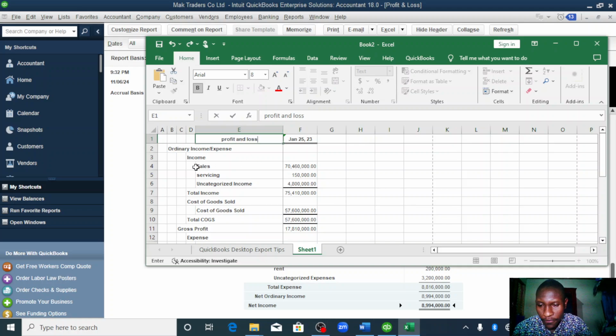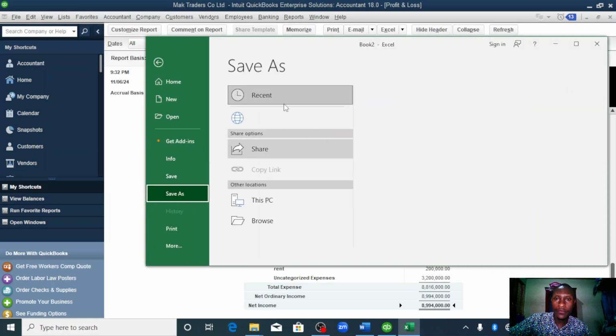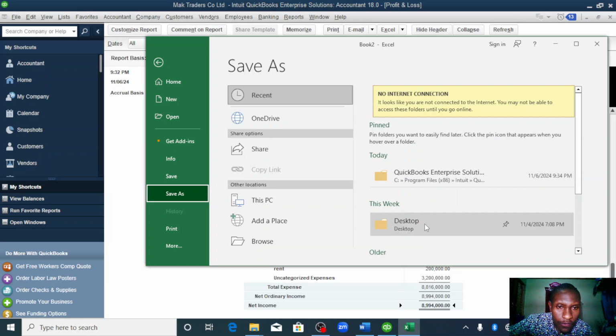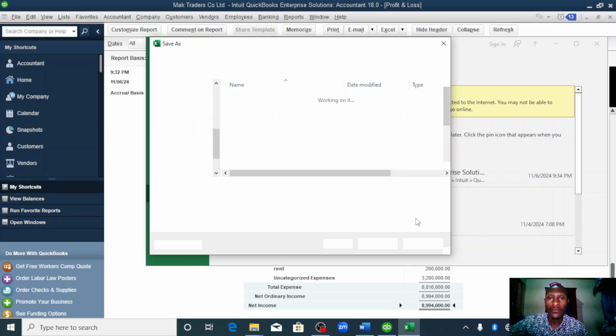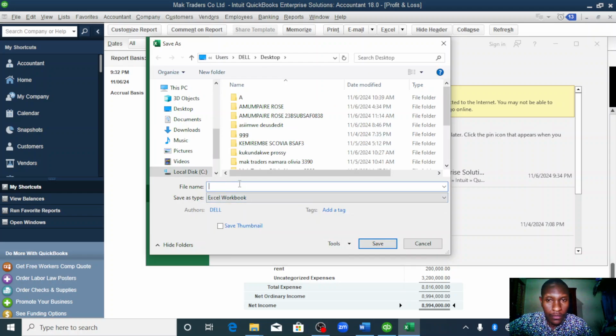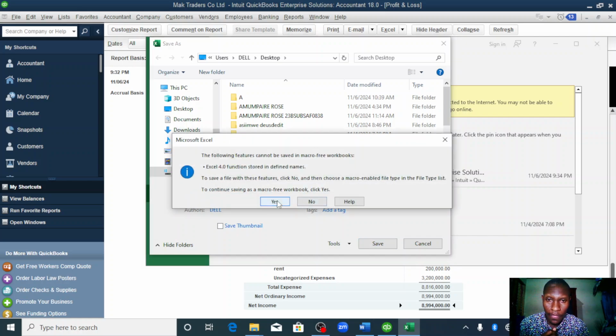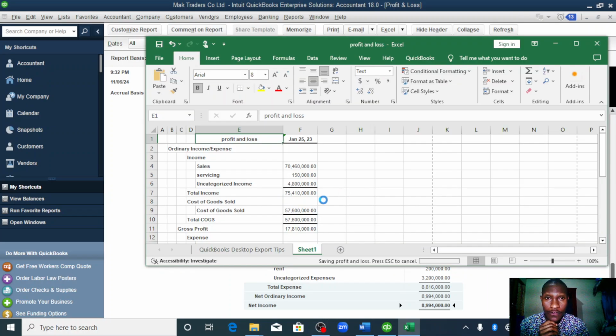Profit and loss, we save. We save as, we save it on desktop. Save it as profit and loss. And then I save. So it is there. Then I go back.